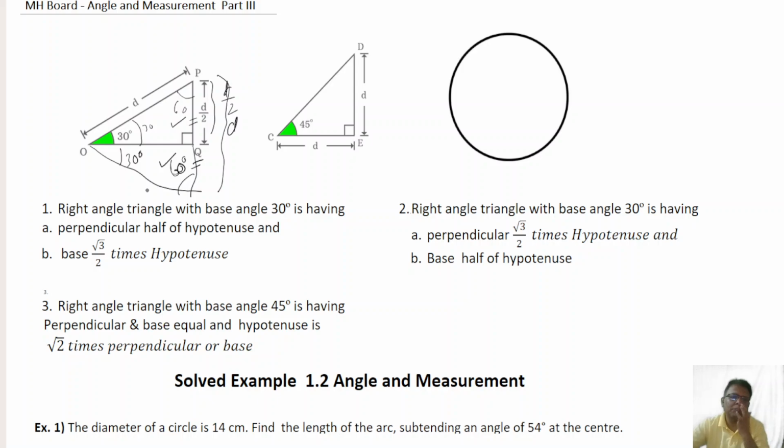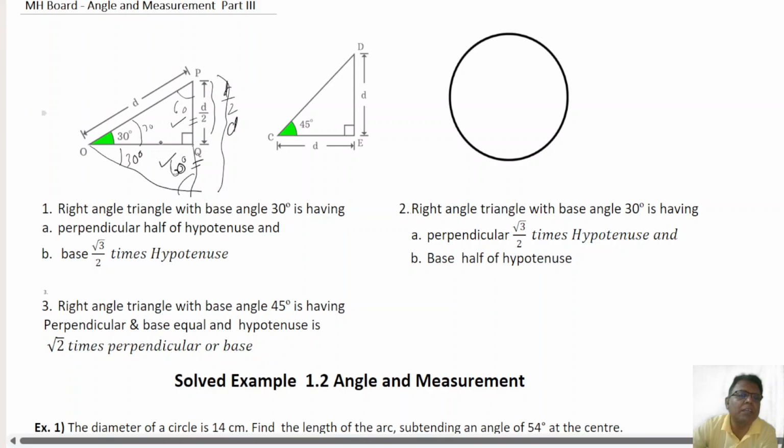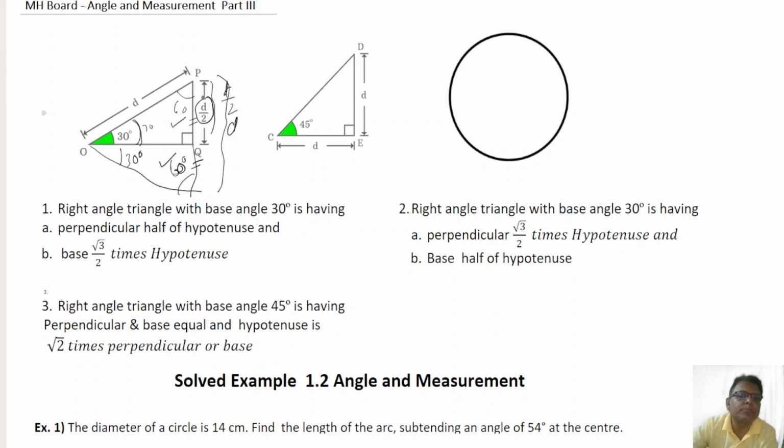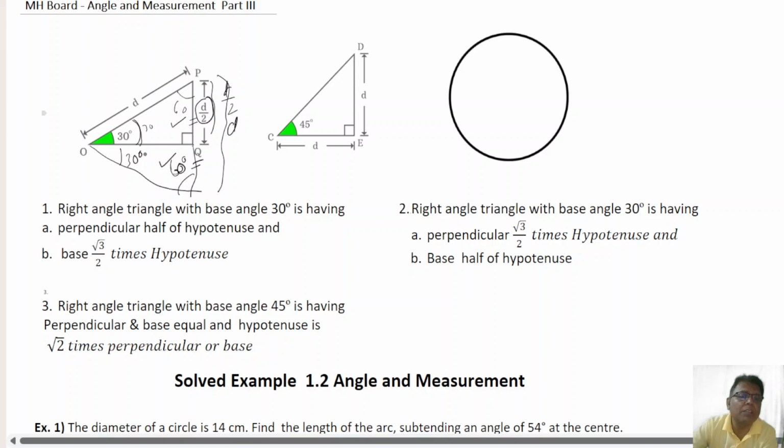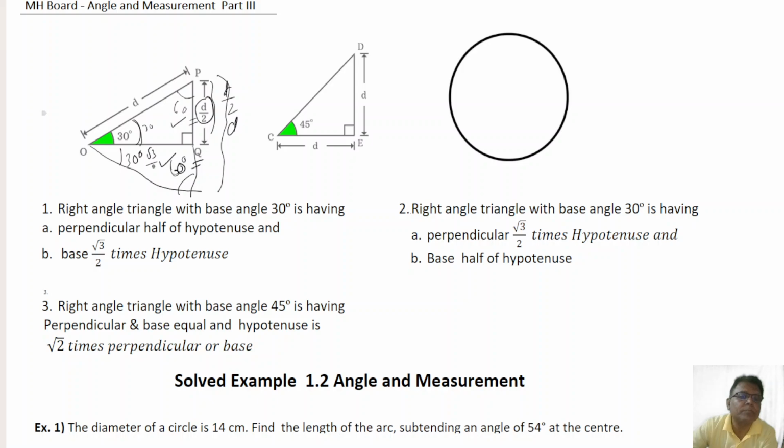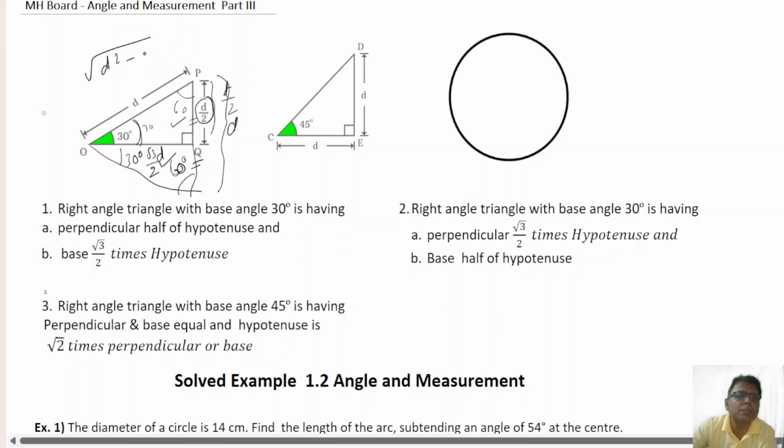So we have reached the very important conclusion that any right angle triangle having base angle 30 degrees has D by 2 as perpendicular, and base will be root 3 by 2 D. Why? Because this will be D square minus D square by 4.